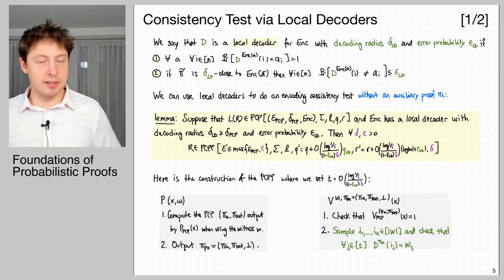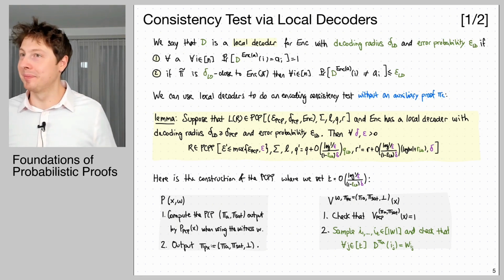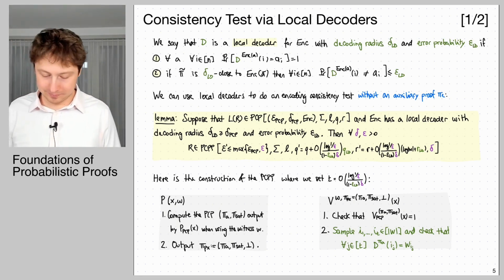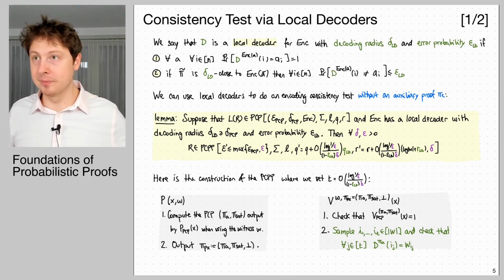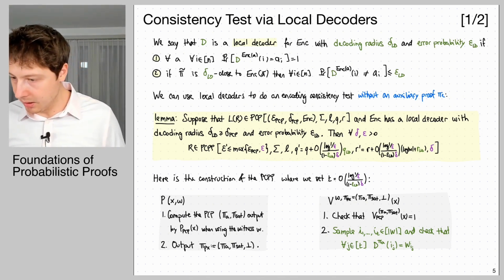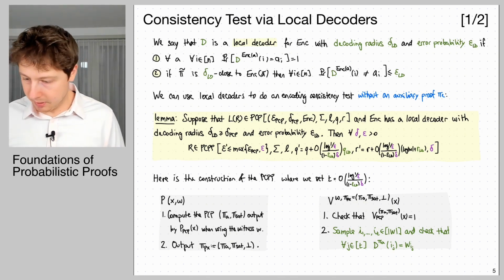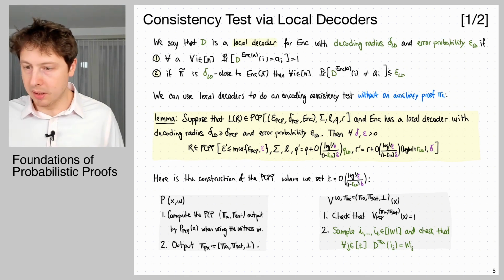All right, before we analyze this, let's just make sure people are on board. Just a small detail on the second point, should it be D to the I tilde? Second point, on the definition of a local decoder.